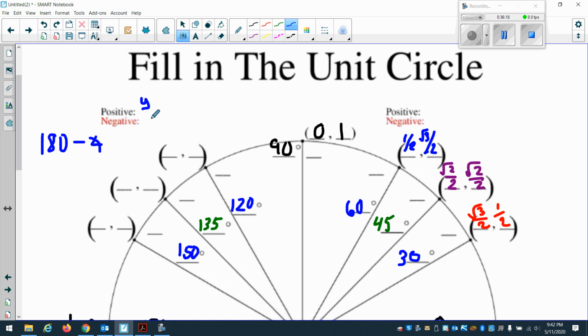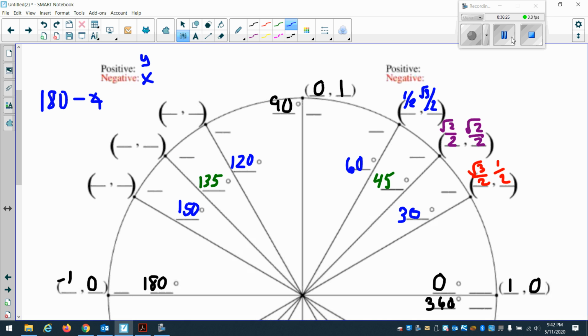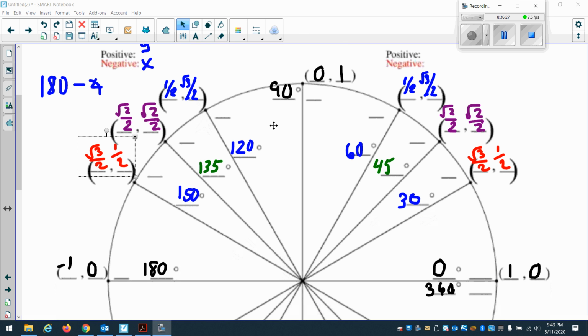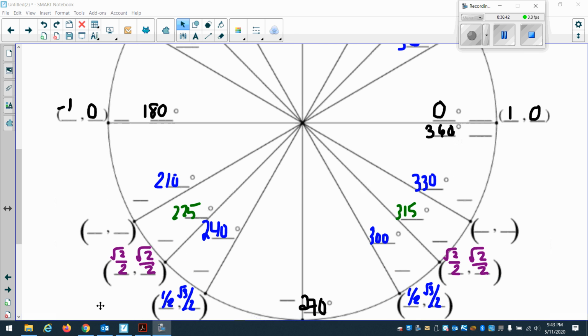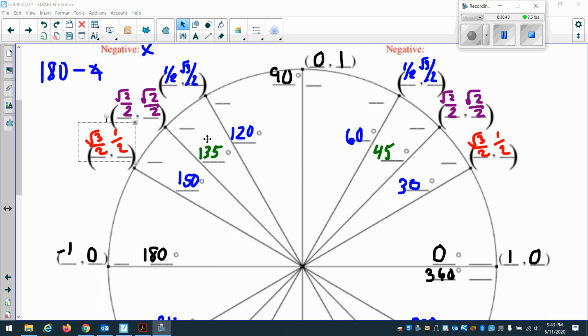Positive is your y value, x is your negative value, okay? So what I just did, if you guys could see, using technology right now, is copying my coordinates and putting them where the reference angles are. So I did 120, then I came down here and did 240, then 300. Okay, did the same thing for 45 degrees.